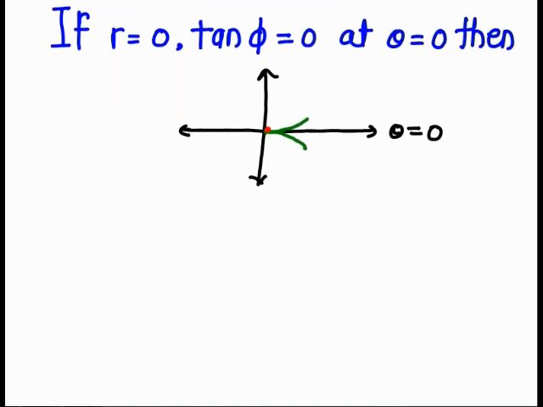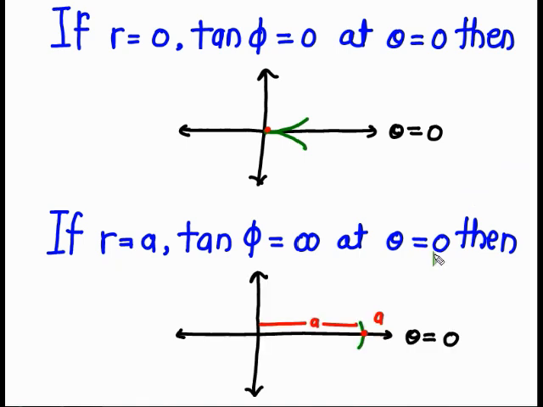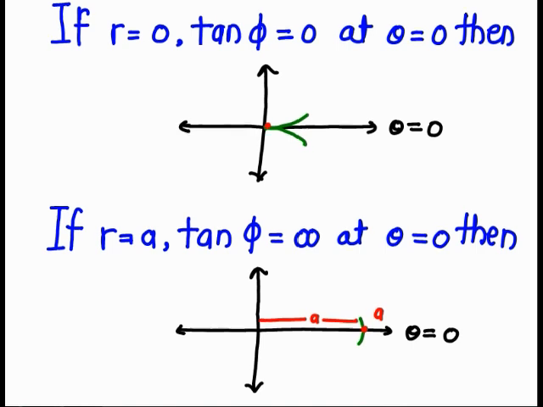Now let's take a second case. If r is equal to a, meaning our radius is a, tan phi is infinity, that means the tangent makes an angle of infinity with the radius vector at theta equal to 0, then it behaves like this. The green shaded portion shows the behavior of the curve.